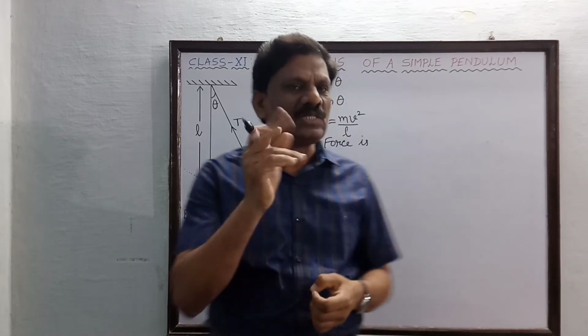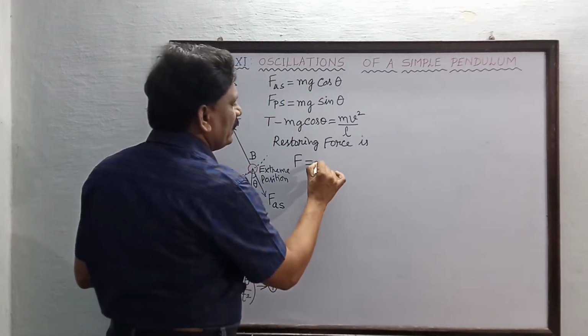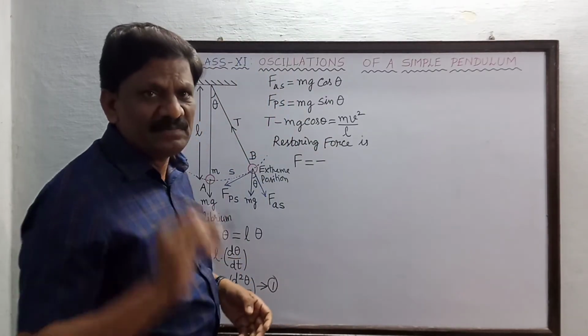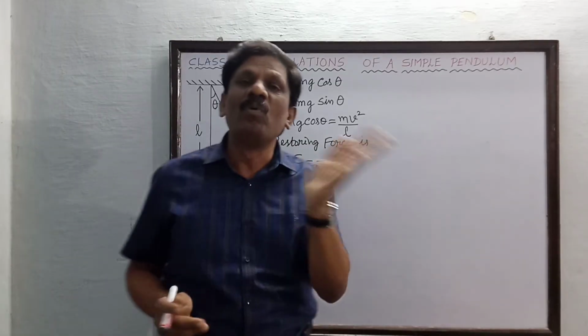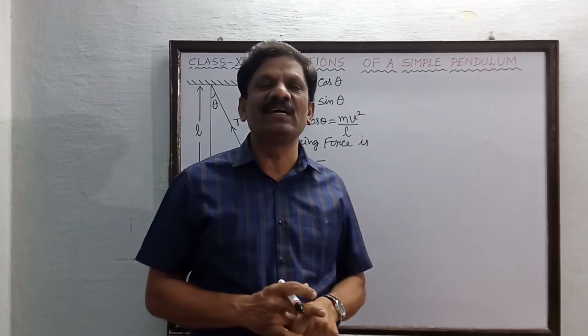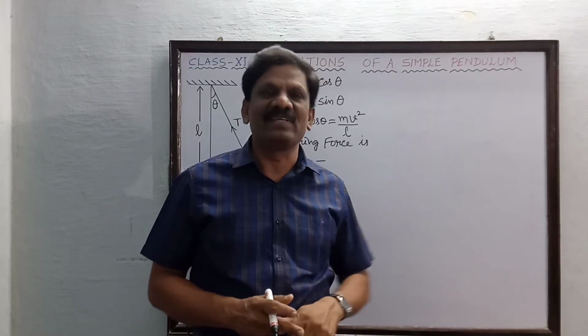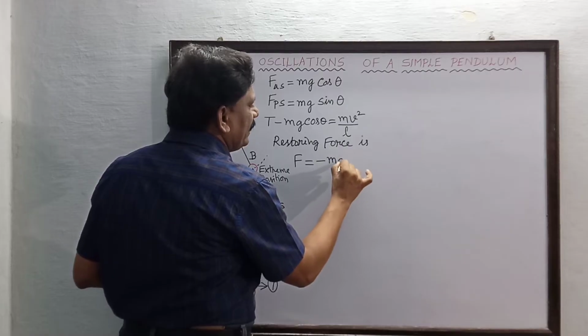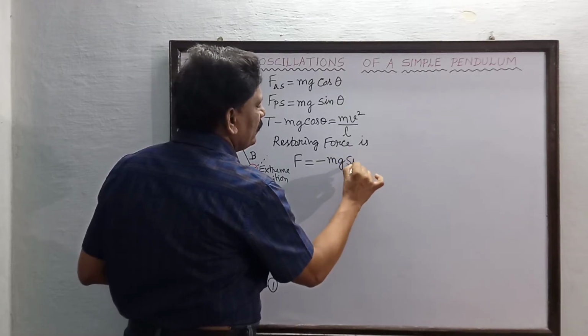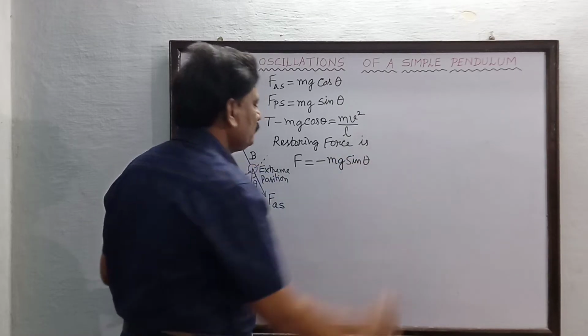Is it not? So I am going to write it with the negative sign. Though it is mg sin theta, I am introducing a negative sign because this force is opposite to the direction of the displacement. So I am writing this is equal to minus mg sin theta.